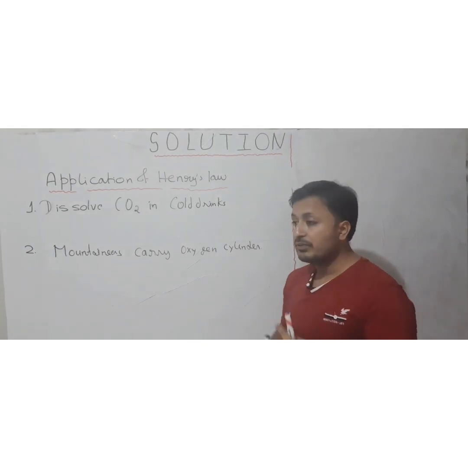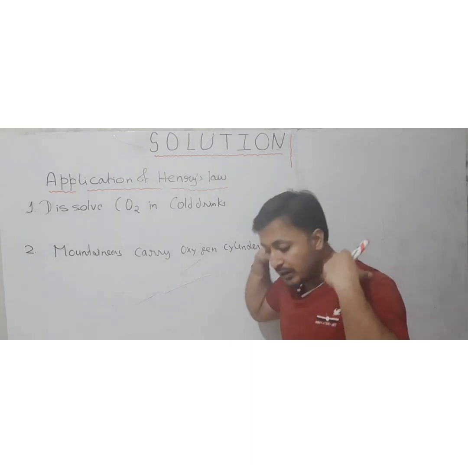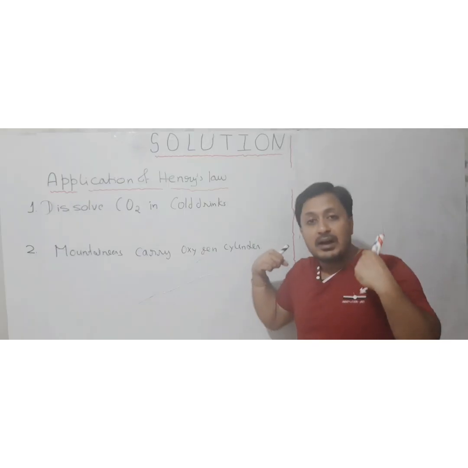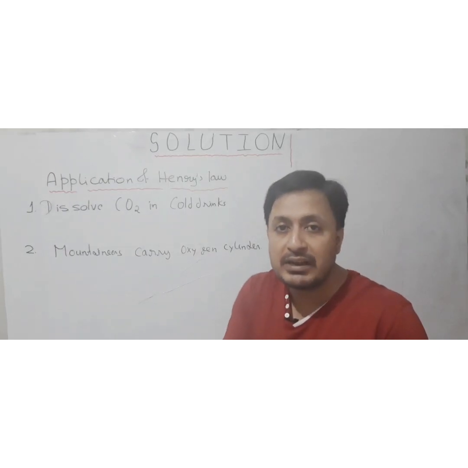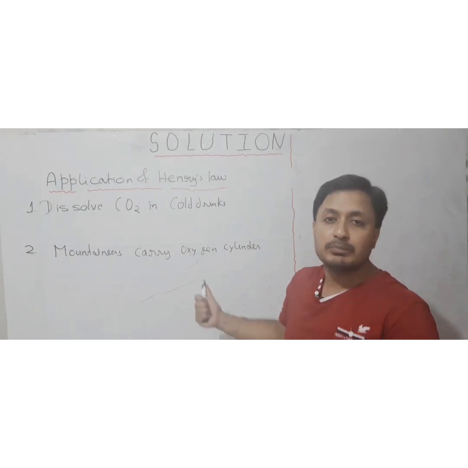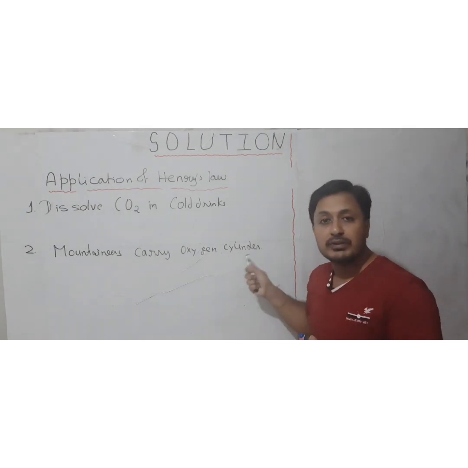Because of that, the mountaineers carry the oxygen cylinder with them, in which the oxygen gas is kept under high pressure. Under that pressure we can breathe that oxygen and it dissolves in our blood and carries out our respiration process. So that's why the mountaineers carry the oxygen cylinder with them.